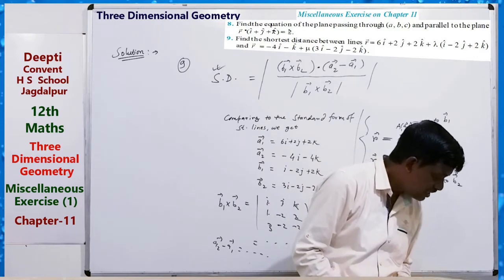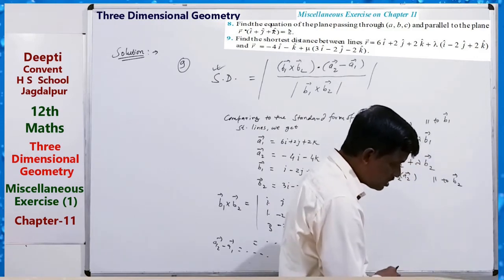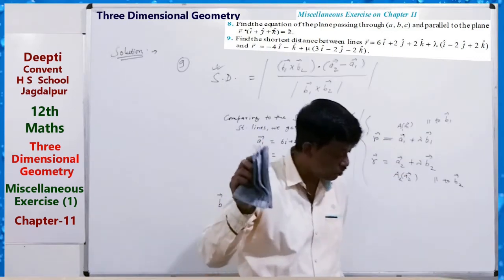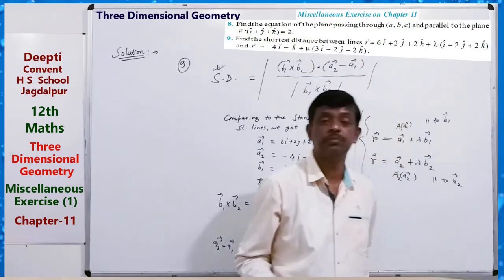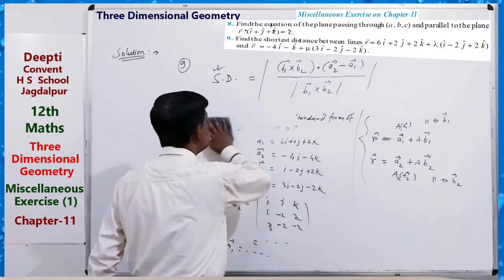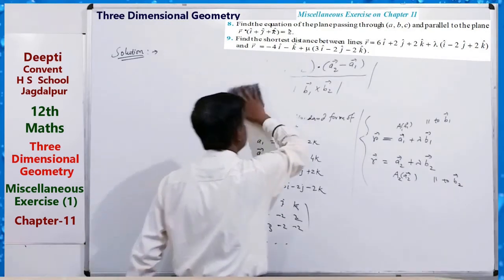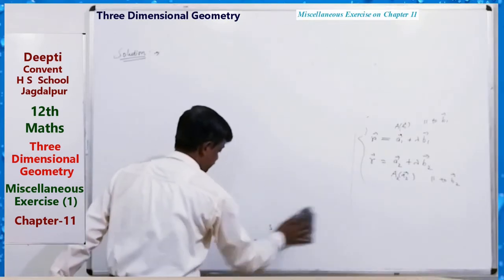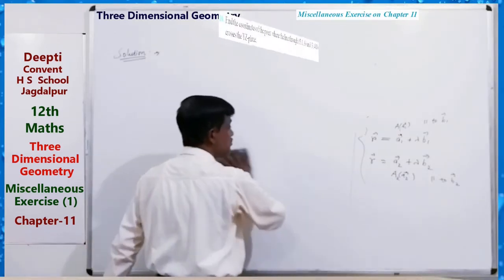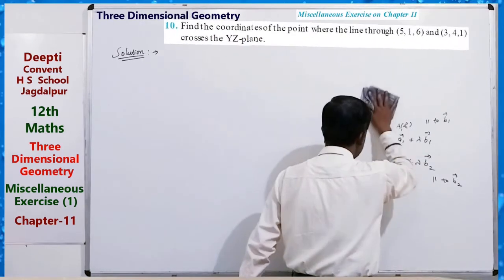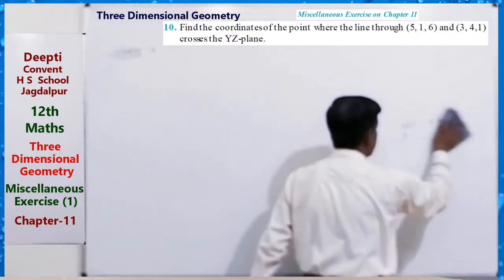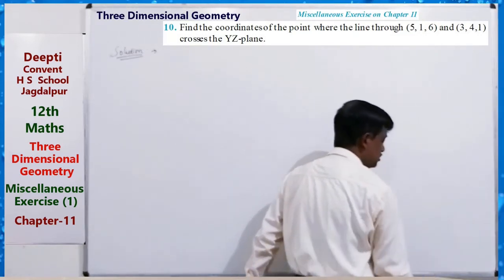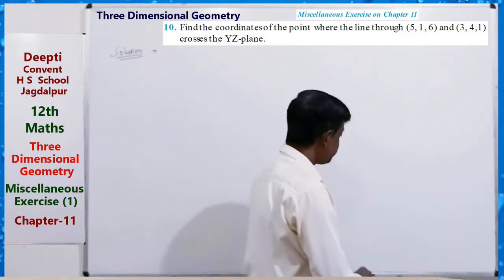Okay. Question 10. Find the coordinates of the point where the line through points 5, 1, 6 and 3, 4, 1 crosses the YZ plane. YZ plane means x equals to 0, because in the YZ plane the x coordinate of all the points is 0.